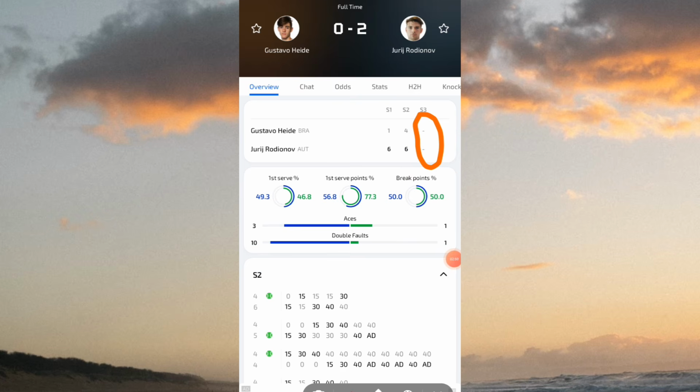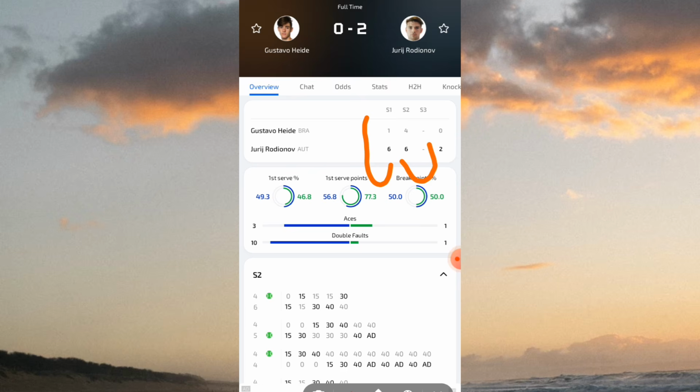Now, the market option that you want to observe in this edition is the total games. The total game we are talking about is not the full-time outcome. We are talking about the total points that occurred within each set. For example, the first set ended 1-6, and the second set ended 6-4.